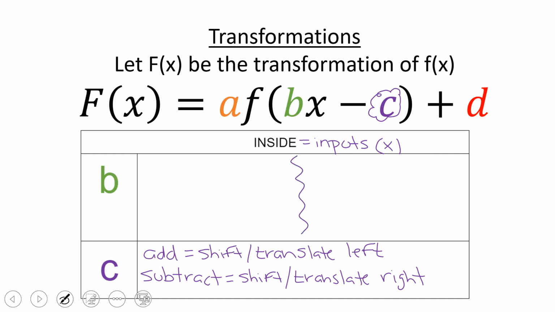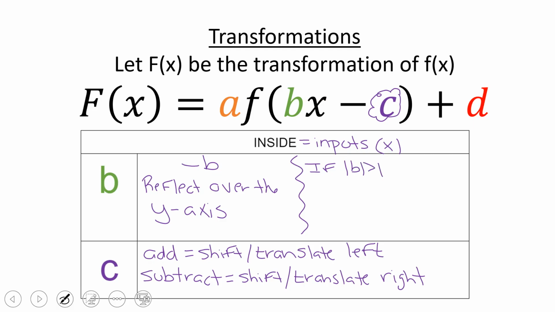All right, just like a, if b is negative, this one's going to be a reflection. But it's changing your x values. So this time it's going to reflect over the y-axis. And then it has similar situation for the stretches and compressions, but you have to remember that everything's backwards.